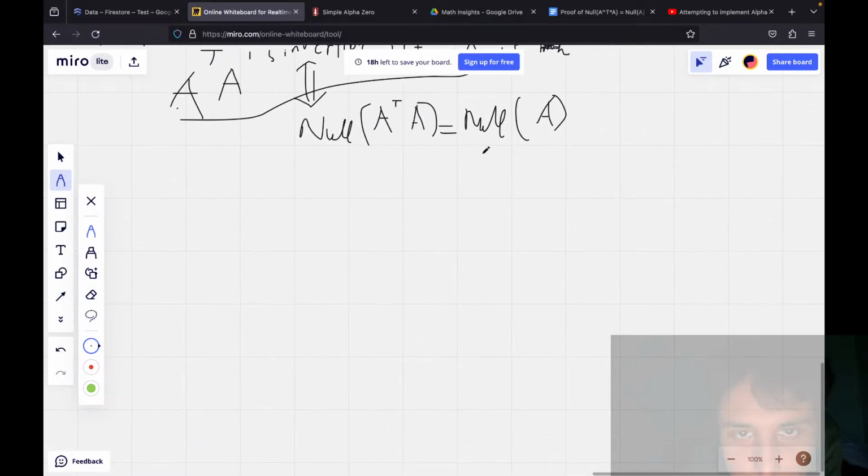If you have a vector x in the null space of A, then clearly it's in the null space of A^T A.